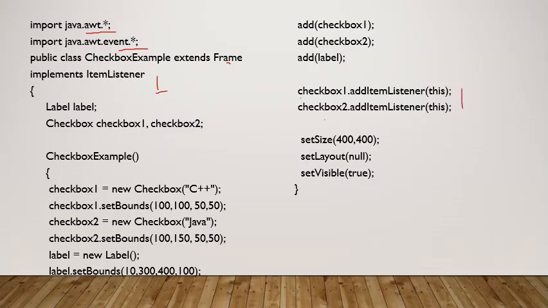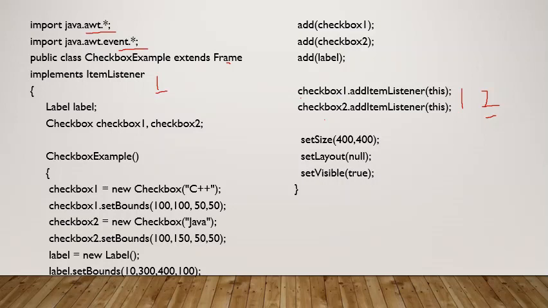This is our second point of the event delegation model. The rest of the things we will use as they are. We have used setLayout(null), so we use setBounds over here. The components are label, checkbox1 and checkbox2.